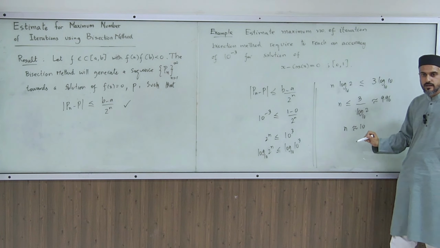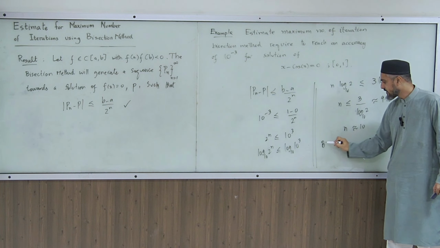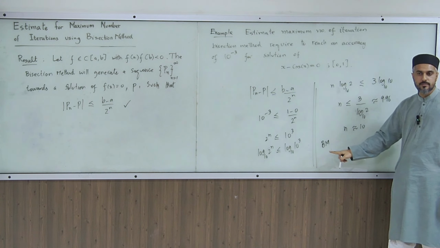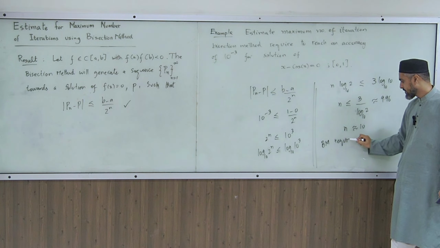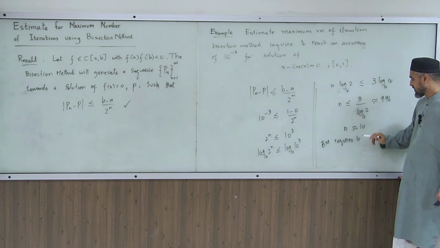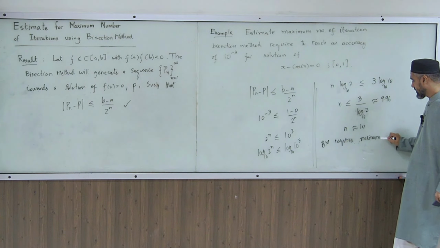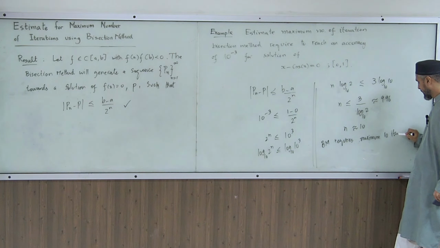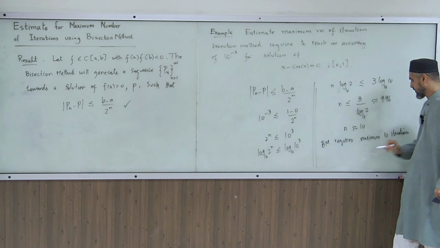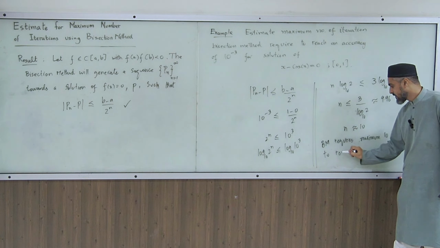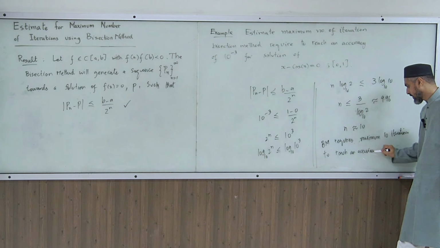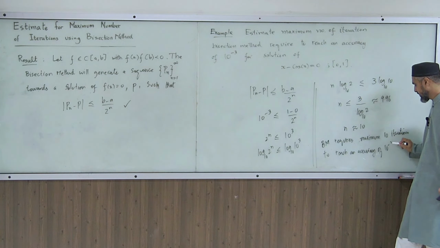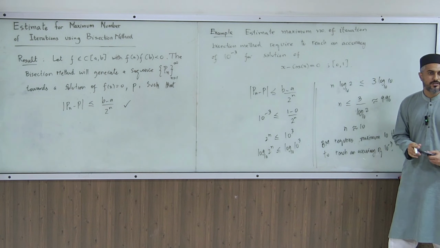So I'll write: bisection method, BM is a short form that I'm going to use for the bisection method, requires a maximum of 10 iterations to reach an accuracy of 10 to the power minus 3 on the interval 0 to 1 for this particular question.